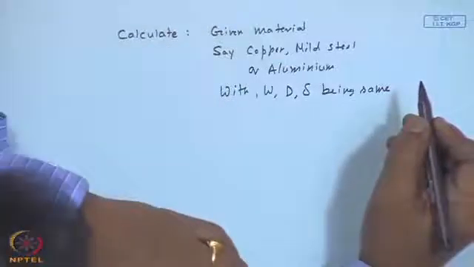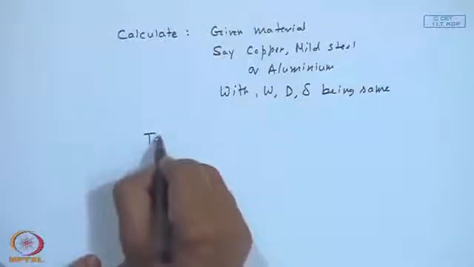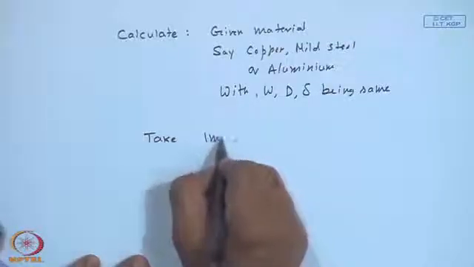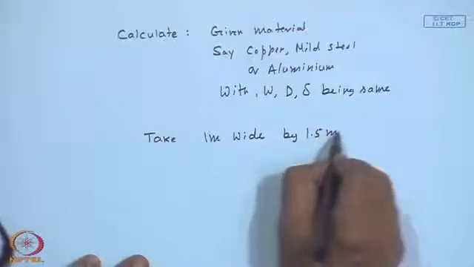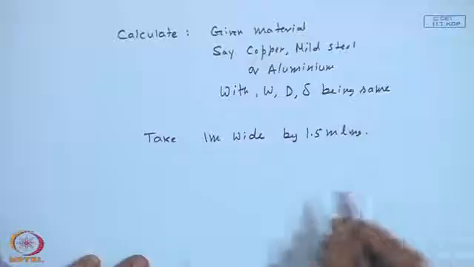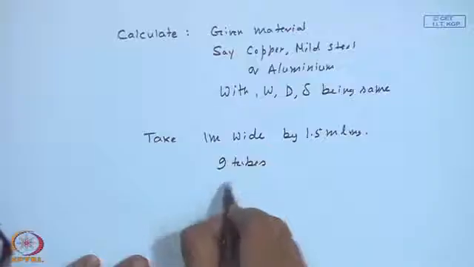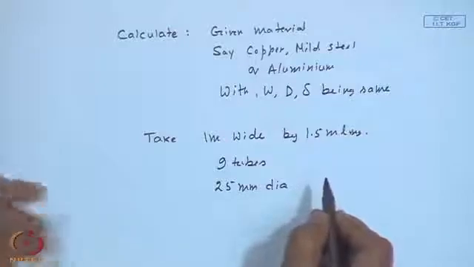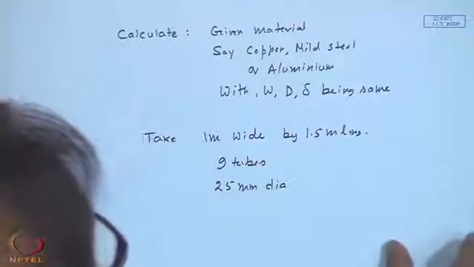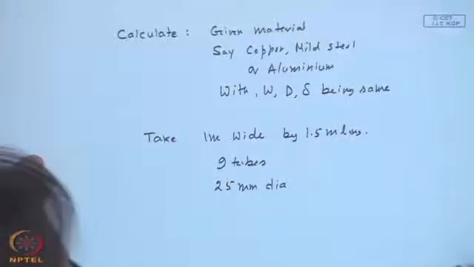Of course, we shall solve the problems. You can typically take 1 meter wide by 1.5 meters long, and 9 tubes, let us say 25 mm diameter. So, accordingly you find out what should be the number of tubes, approximately it may be 9, W and D, everything is given. So, for that you can compare which one is better.